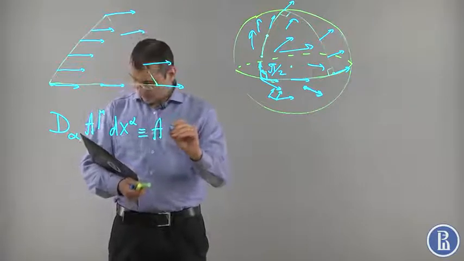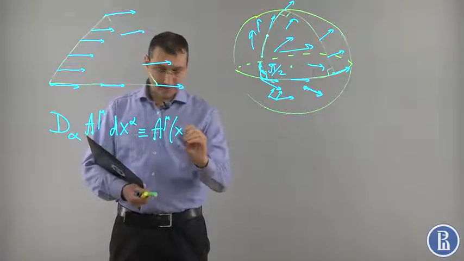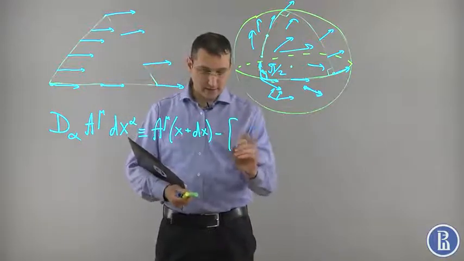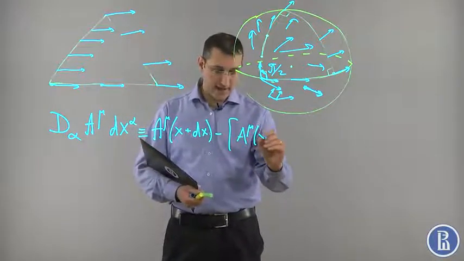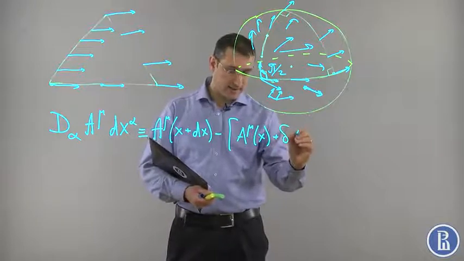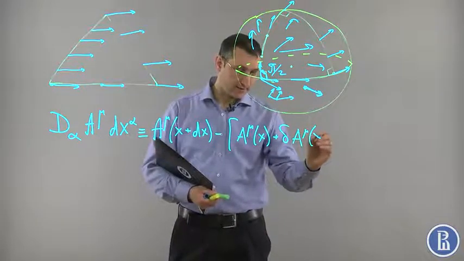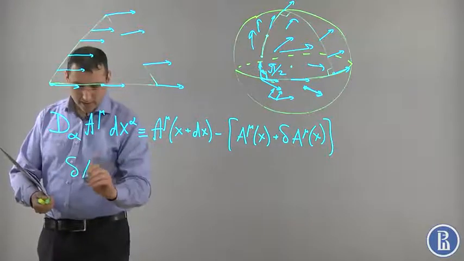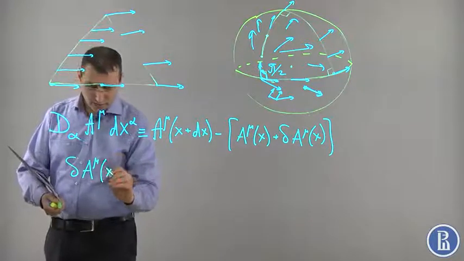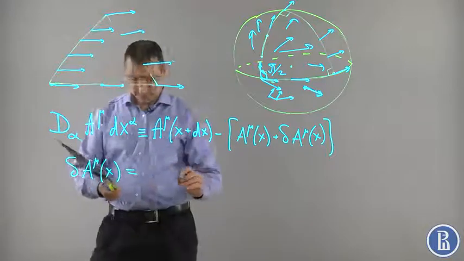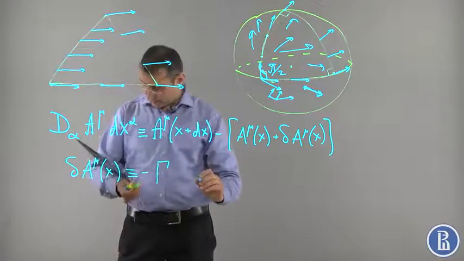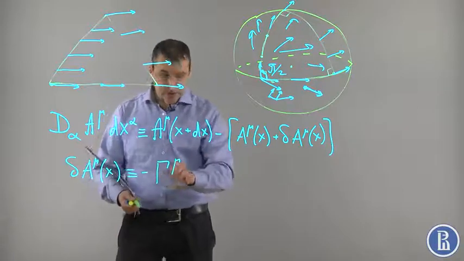A mu of x plus dx minus A mu of x plus delta A mu of x, where delta A mu of x, as I defined to you, the result of the parallel transport, is some rotation with the use of the connection. Of course, the connection depends on space.